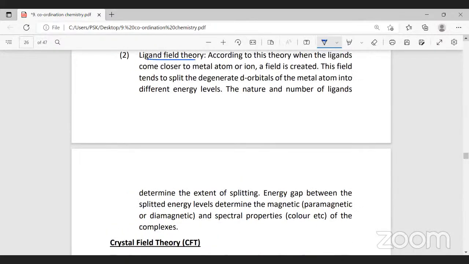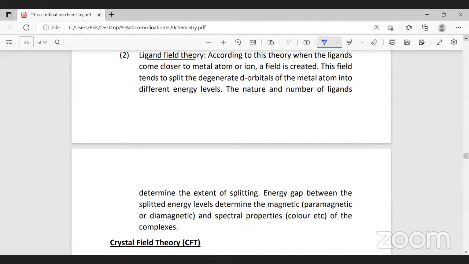When ligands approach the central metal atom, a field is created around the metal. The field created tends to split the degenerate d orbitals. What do you mean by degenerate orbitals? So, tell me.